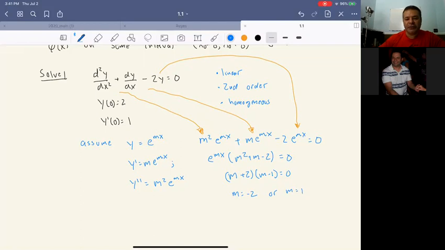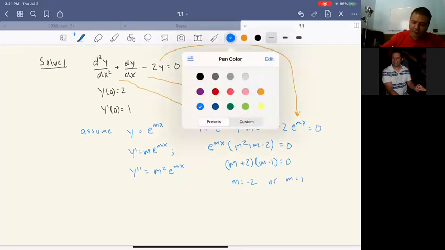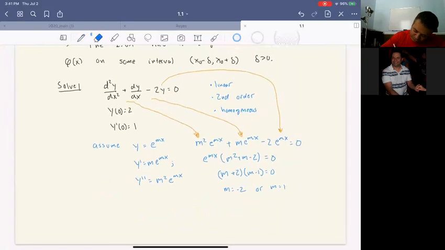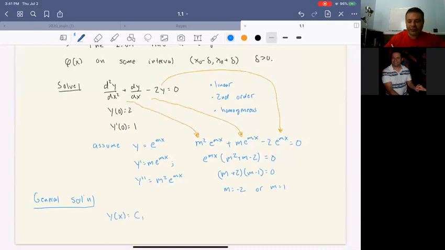So our general solution, this is before we do the initial conditions, is going to be y of x equals c1 e to the x plus c2 e to the -2x. It doesn't matter which one I choose to be c1 or c2.